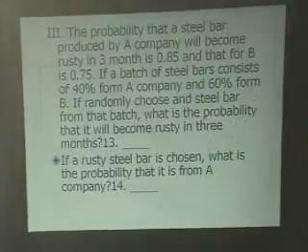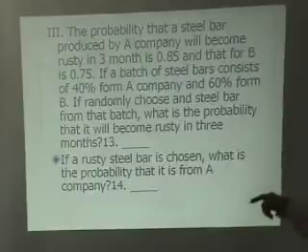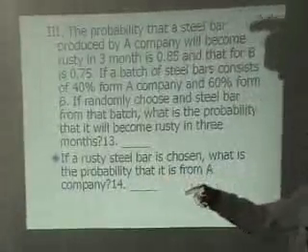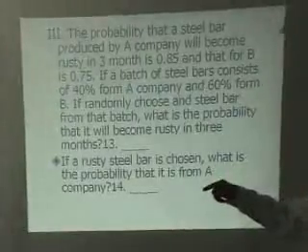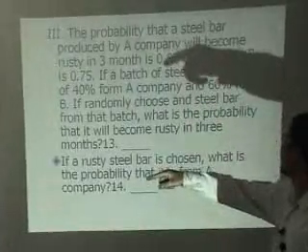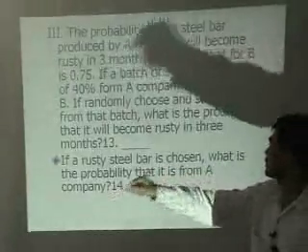Now this is another question. We have a product, and the product is a steel bar. Some of them may be defective, some of them not. The defective rate for A company is 0.85, and for B, that is 0.75.